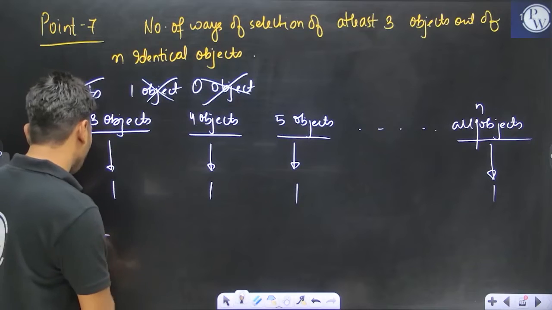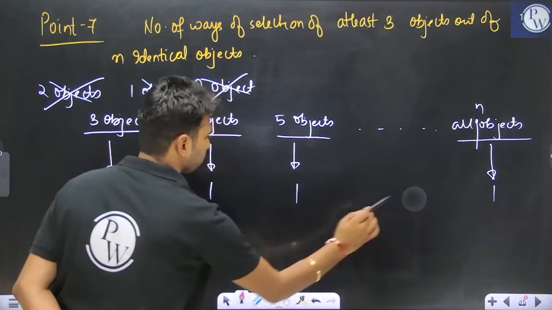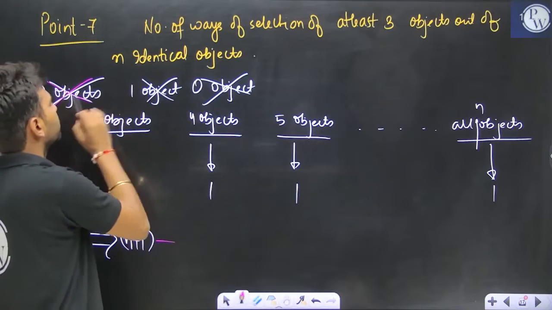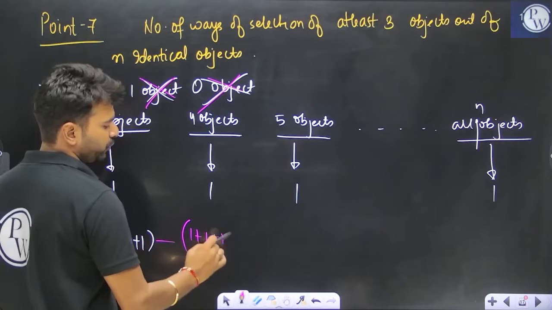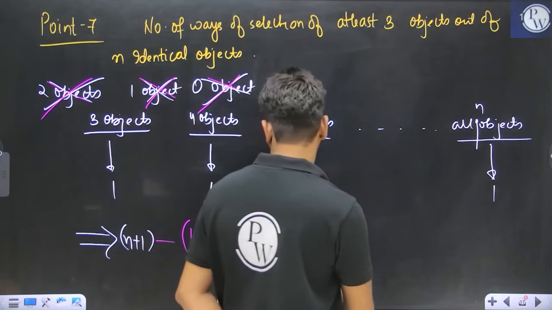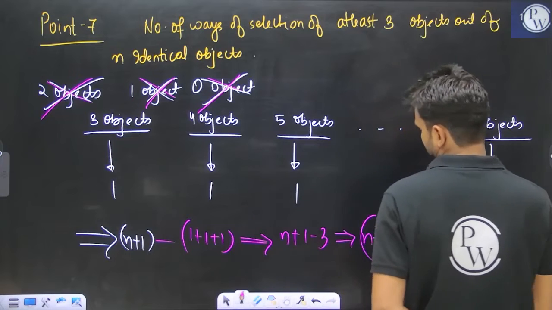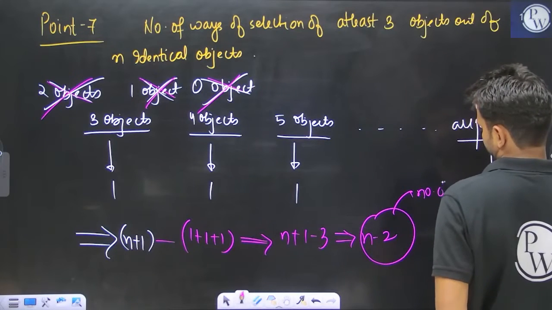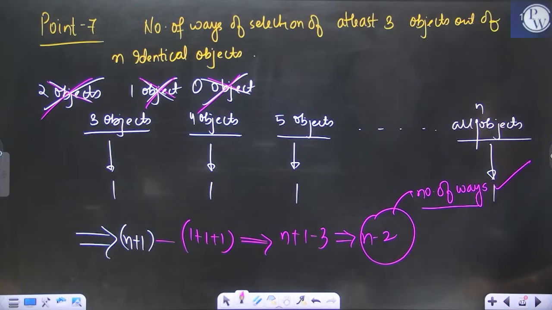So what is going to be our answer? n plus 1 minus these 3. So 1 plus 1 plus 1 we need to remove for each and every case. So it is going to be n plus 1 minus 3, which equals n minus 2 number of ways. I hope you people understood this.